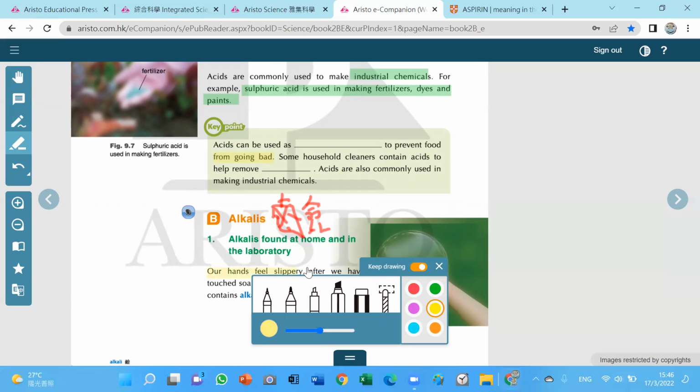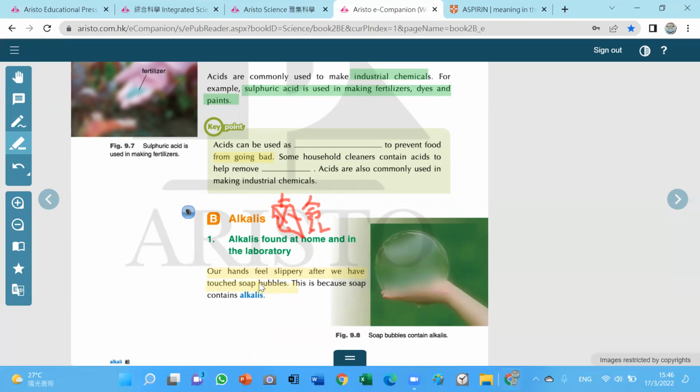So our hands feel slippery after we have touched the soap bubbles. It's because soap contains alkalis. So let's go. Turn to your book, page 7.